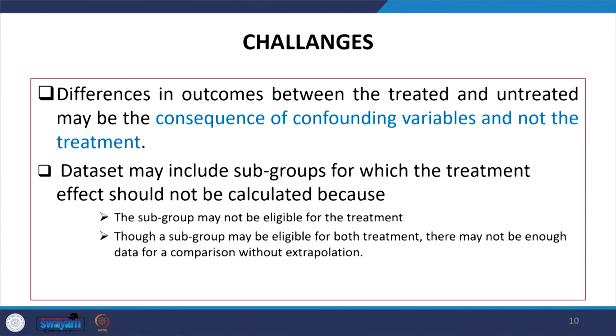Then come the challenges of this particular technique. Differences in outcome between the treated and untreated may be the consequence of confounding variables and not the treatment. So, the challenge is that though we are saying the treatment has resulted in certain differences in the outcome, it may be due to the confounding variables.